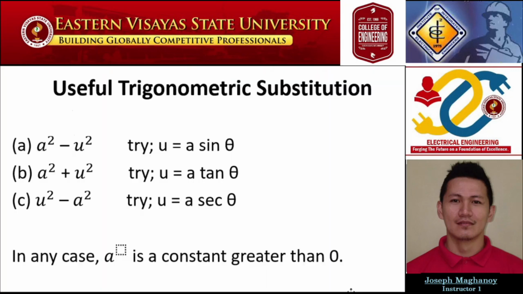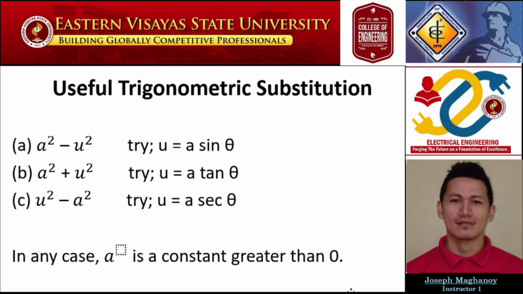The following trigonometric substitutions are especially helpful for a specific form of integrand. As you can see on your screen, when the integrand involves a difference of 2 squares, a squared minus u squared, you can try to use u equals a sine theta.